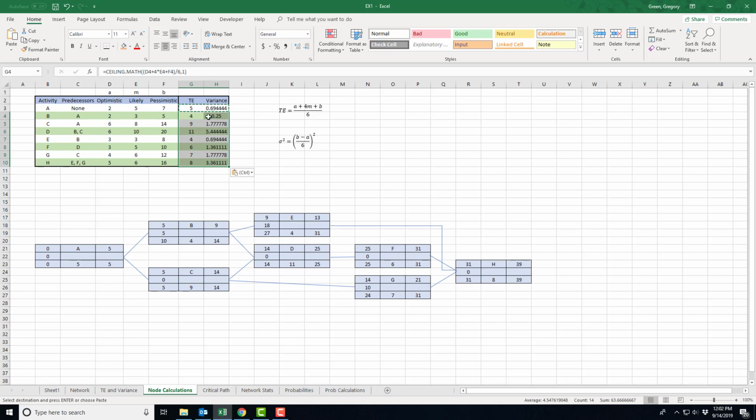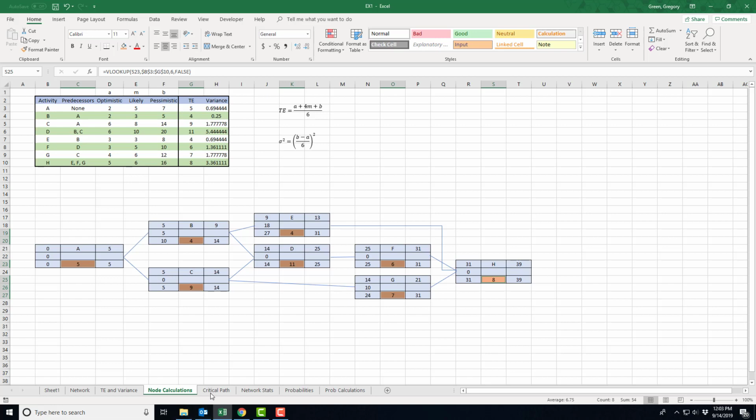Okay, so now what I have is an expression for every node, the expected duration of time at every node, and the variance at that node. Now notice that if I have this set up right, which I'm pretty comfortable with, my network fills in automatically. This number that I'm highlighting fills in just as soon as I have this expected time calculation.